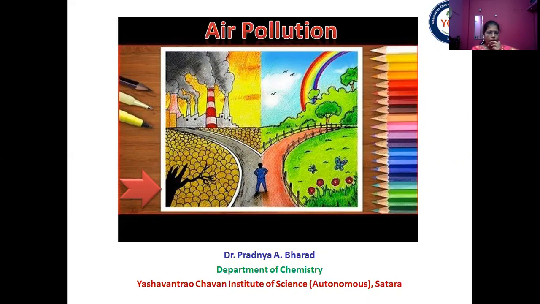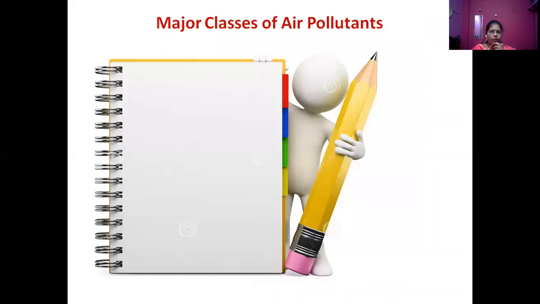Afterwards, we saw the different types of pollutants depending on their origin, their chemical composition, and their state of matter. Today we are going to see the major classes of air pollutants.